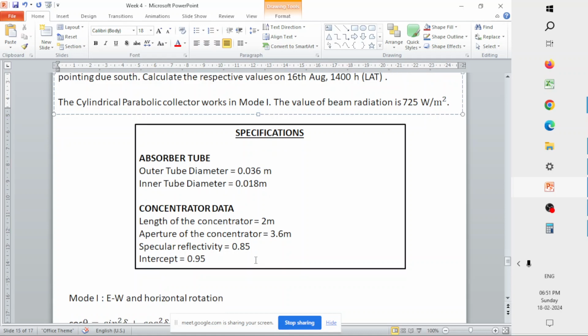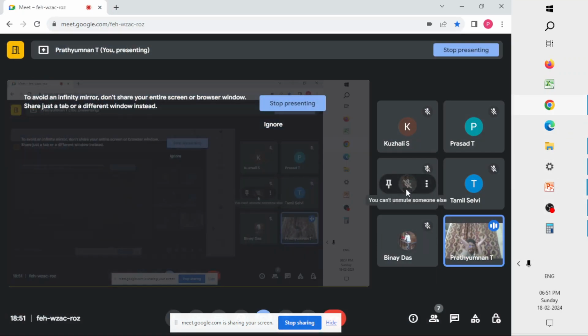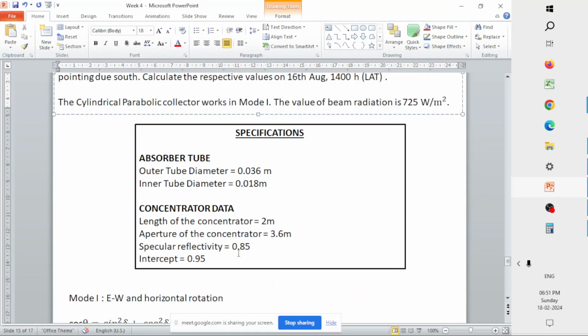Specular reflectivity is how much of the light falling on the parabolic collector gets reflected towards your receiver system. The radiation falls on the parabolic collector and gets reflected, and the receiver system collects the reflected radiation. In order to measure that reflection, we introduce a term called specular reflectivity. That particular value is 0.85.